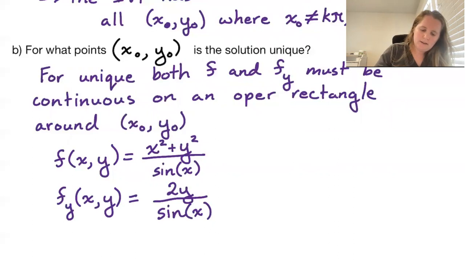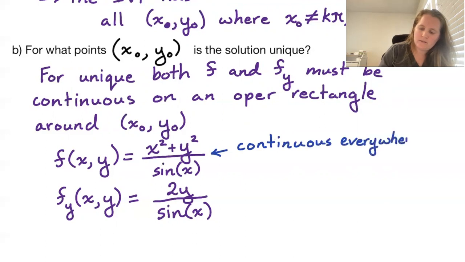So once again, f is continuous everywhere except x equaling k times pi, k an integer.